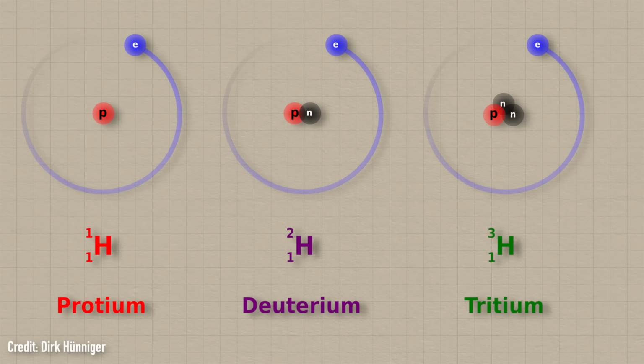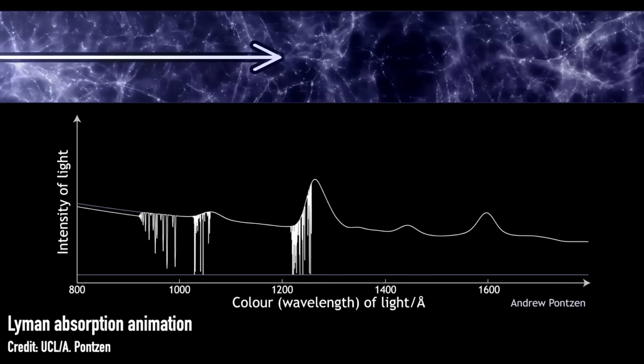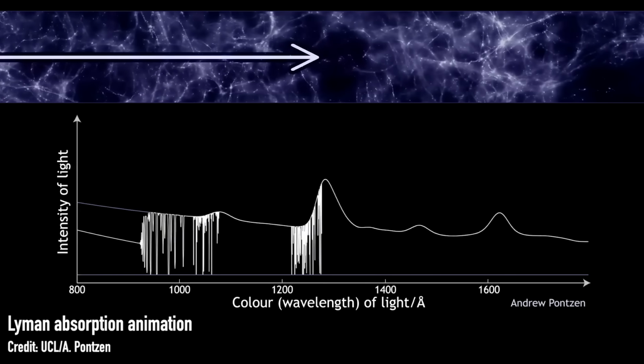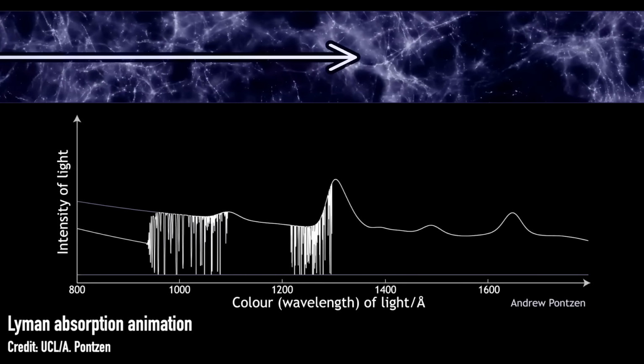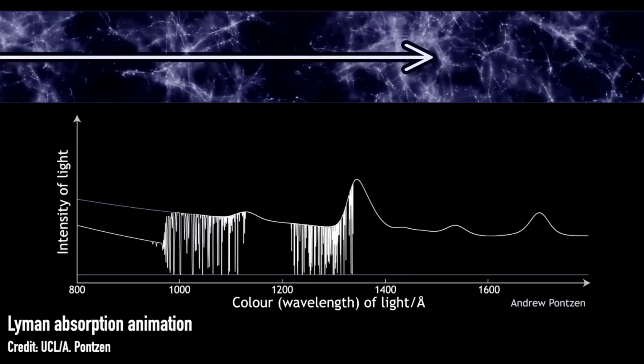Because it turns out, it's no surprise to anyone, it's quite tricky to measure the amount of primordial lithium in the universe. Unlike the amount of primordial deuterium, aka heavy hydrogen, because there are big clouds of hydrogen and deuterium gas hanging around space that get in the way of our observations of distant galaxies, and they leave a fingerprint on the light so that we know that it's there.